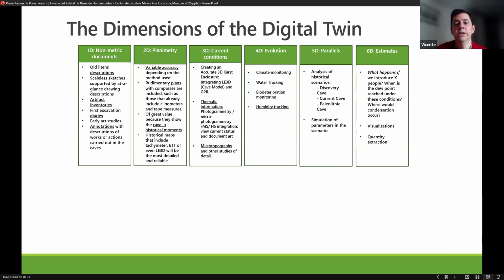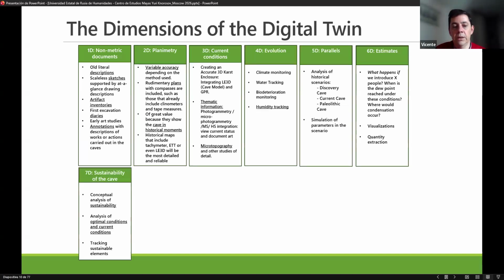The seventh dimension is aimed at the sustainability of the cave, when and how a cave is sustainable, or rock art is not getting worse. Okay, so can I afford to let people come into the cave, or does the cave have to be closed? So that sort of question.